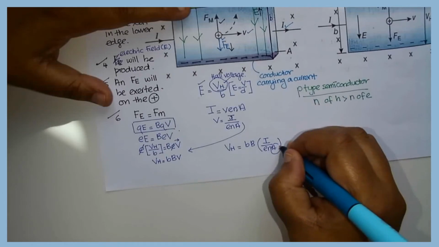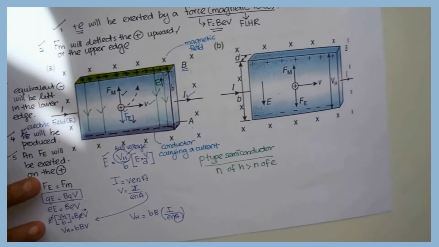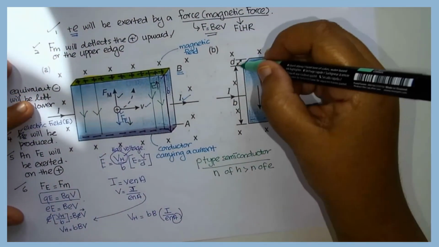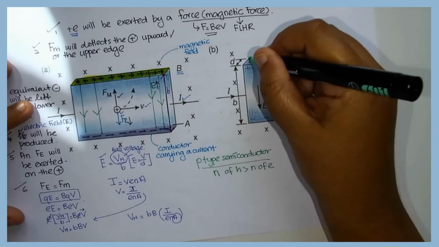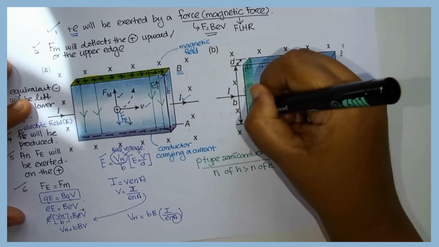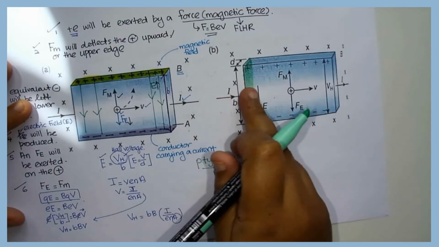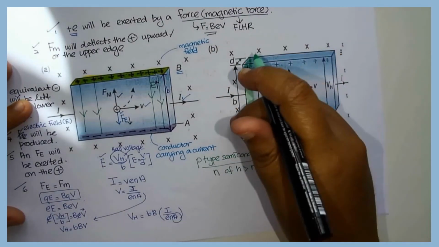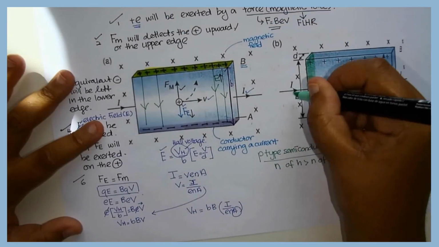Now what is area, class? Area is this portion here, which is perpendicular to the flow of the current. So the area is b times d.